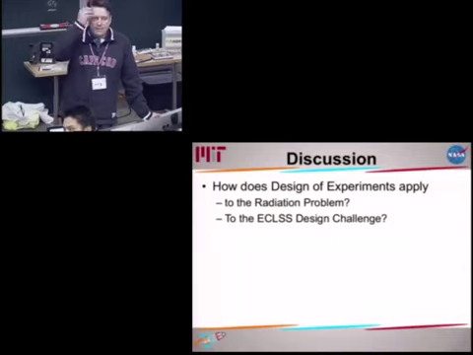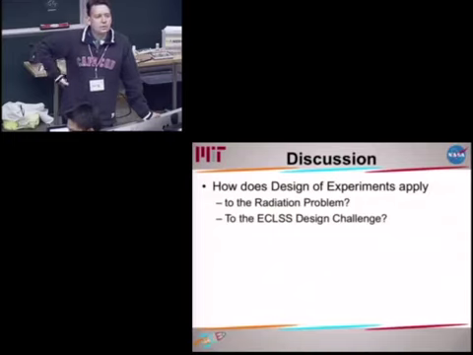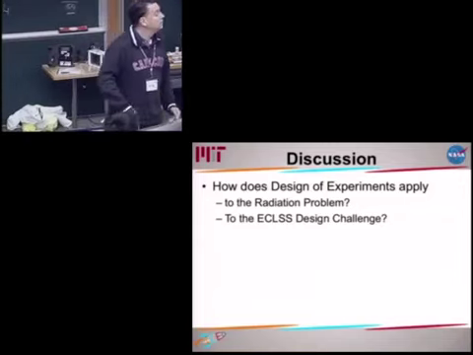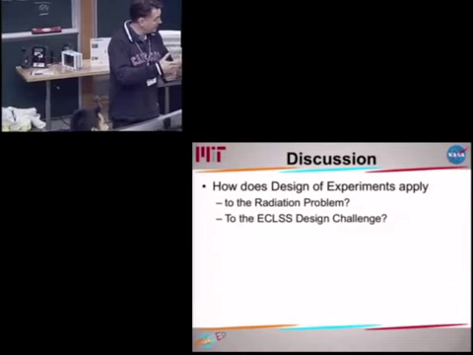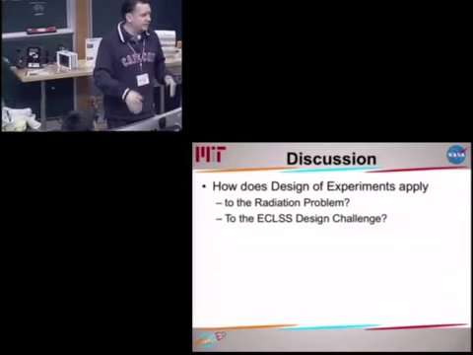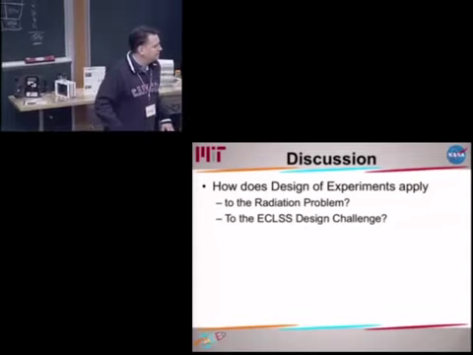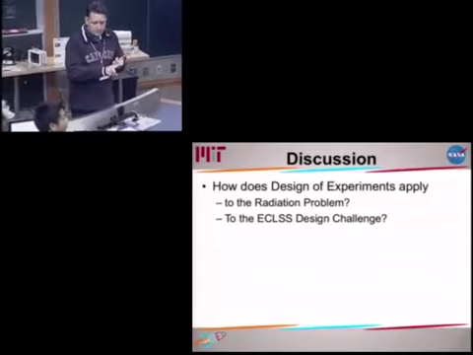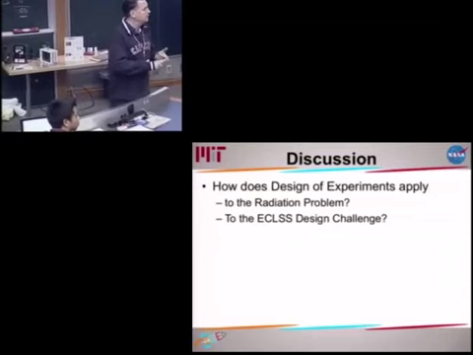Okay. So let's pick radiation. If you had a concept, what concept have you guys discussed in your teams? Materials? Shielding? Okay. So if you were to do shielding experiments for radiation, what type of material?